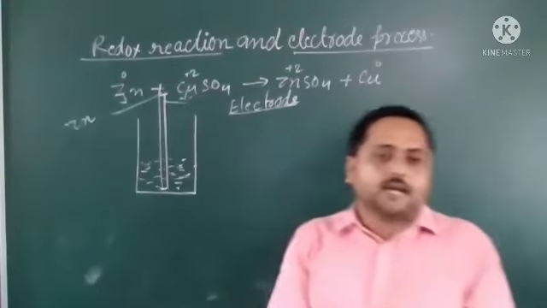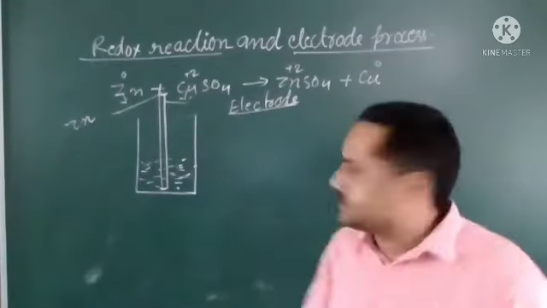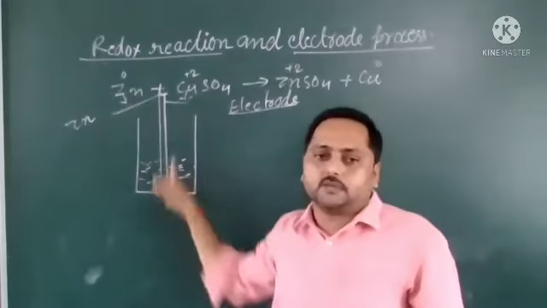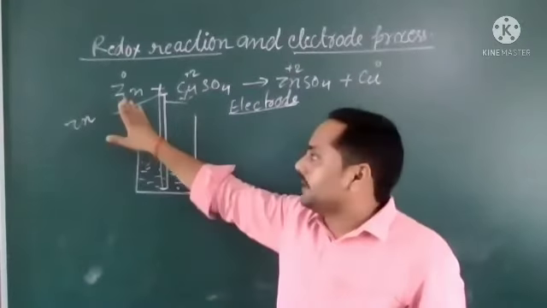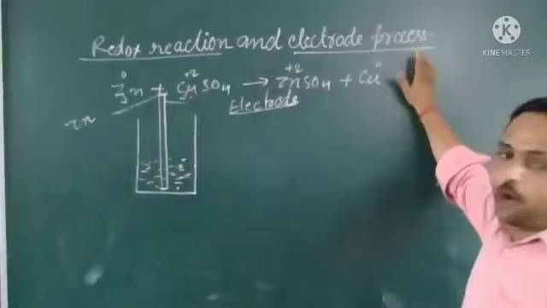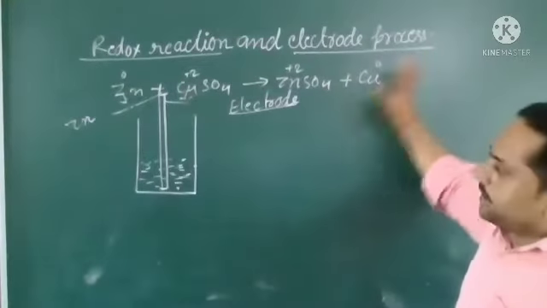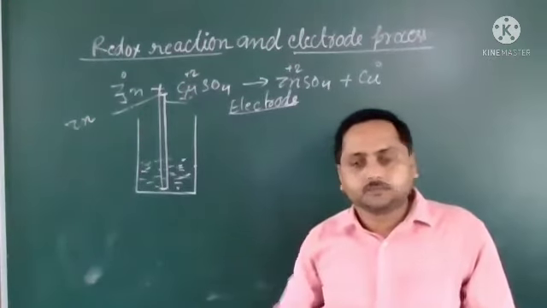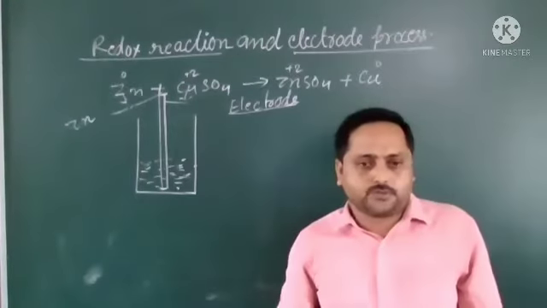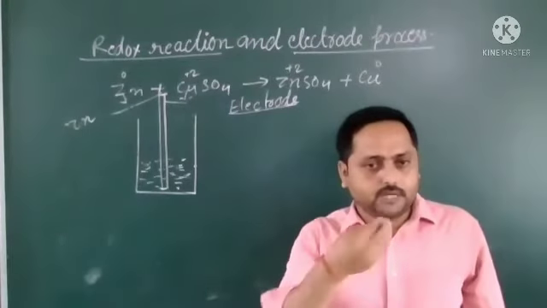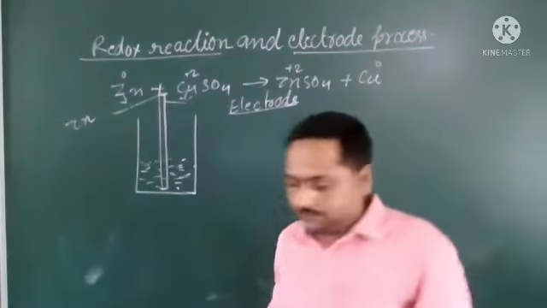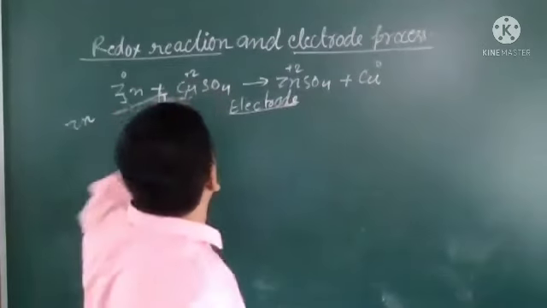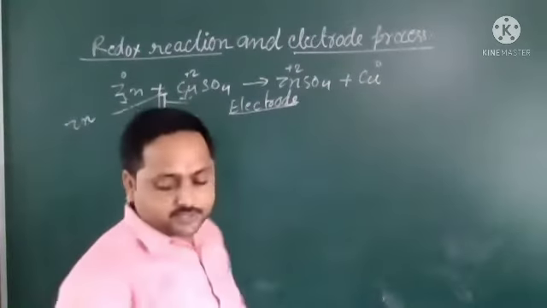What is taking place at the zinc rod is the electrode process. Here oxidation is taking place at the electrode. Whatever is happening at the electrode is called the electrode process. So we have discussed both the electrode process and the redox reaction.